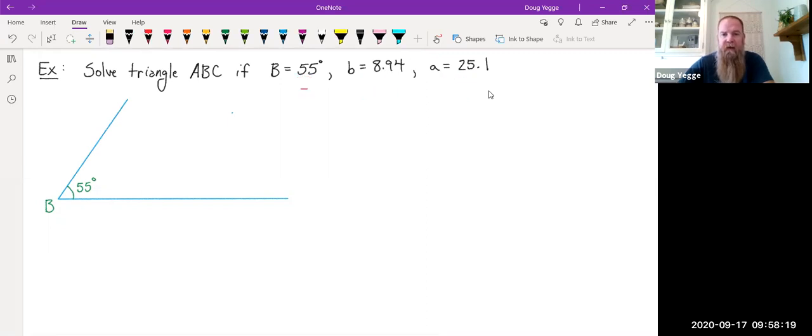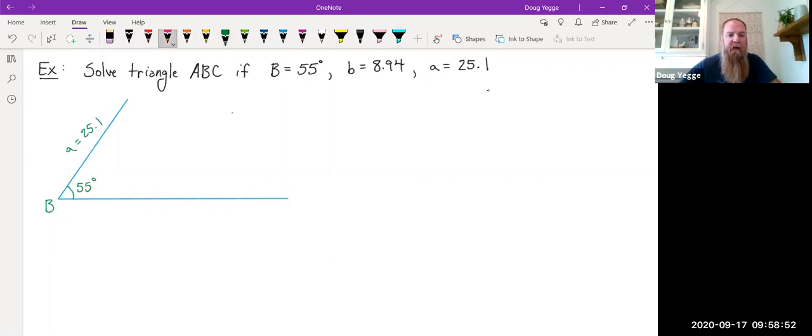In a situation like that, the best way to do this is to draw the diagram and say, well, an angle of 55 degrees is approximately this angle. Now I know that side B is going to be somewhere over here, right? So typically the way that we like to do this is to label this side as the other side given. Let's say side A, and we'll say that that is 25.1.